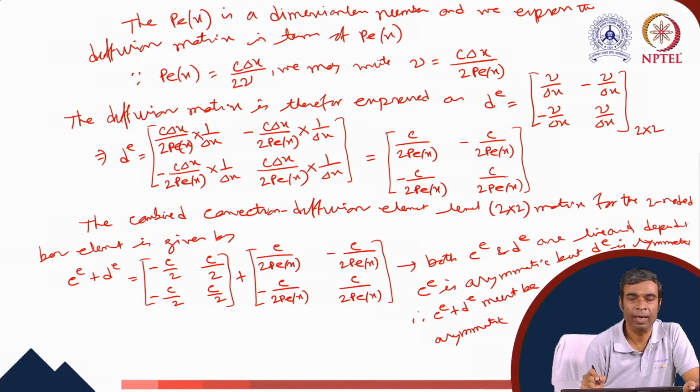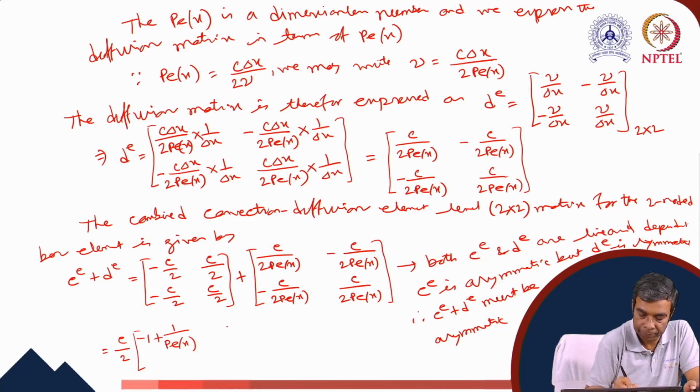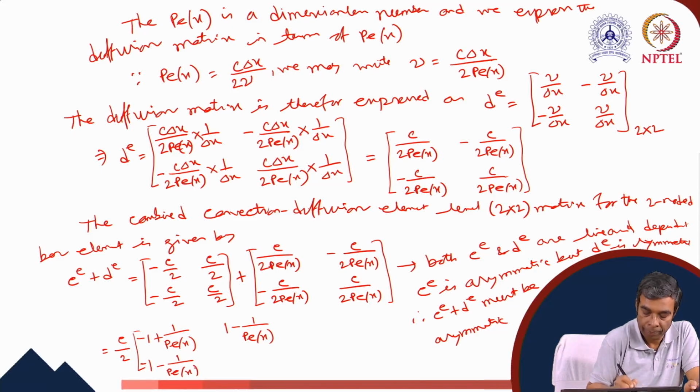So, the combined matrix at the element level due to convection and diffusion effects may be expressed as C by 2 into [minus 1 plus 1 by PEX, 1 minus 1 by PEX; minus 1 minus 1 by PEX, 1 plus 1 by PEX].